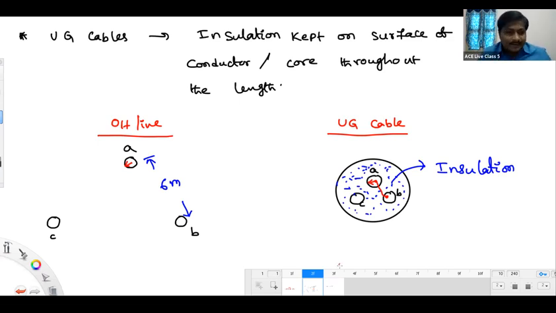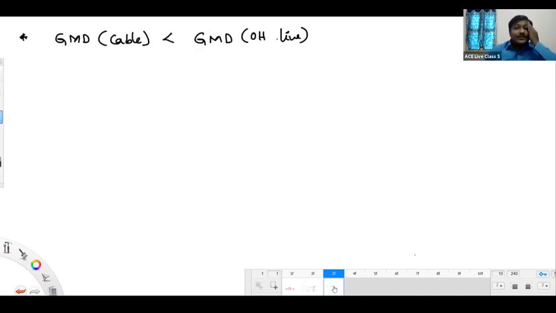Next, if GMD is low, what can you say? Already we discussed these things in the surge impedance comparison, but still I am repeating. I need your response, please. Inductance per phase will be less.